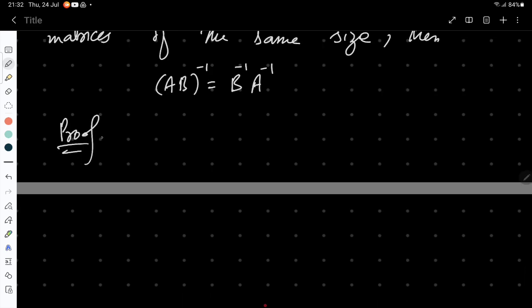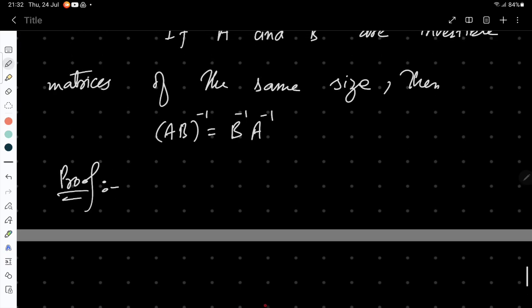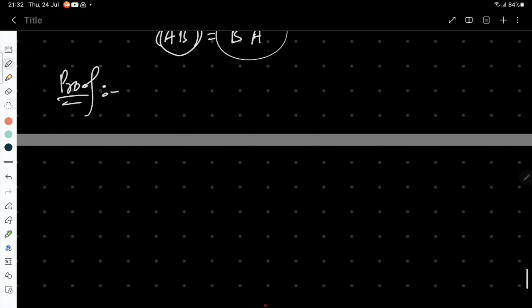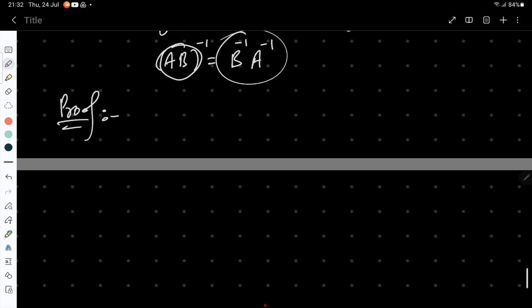Here is the proof. Since the inverse of AB is equal to this, which means if we multiply this AB with this element, it must give us identity. What does that mean?